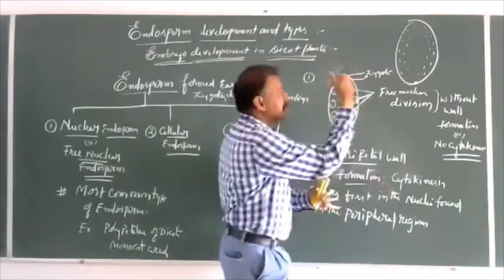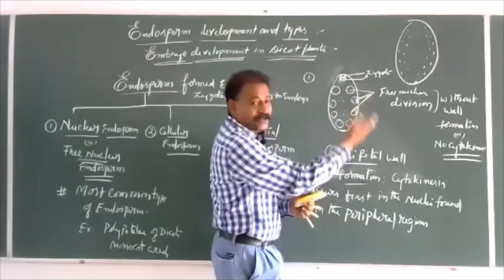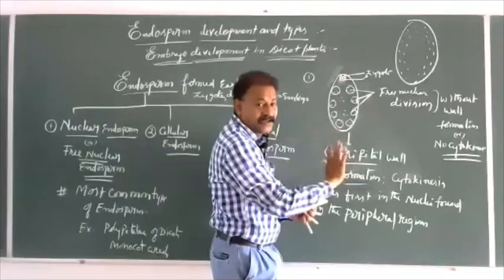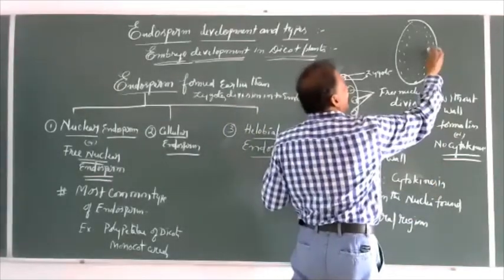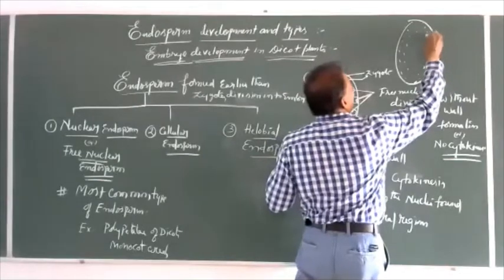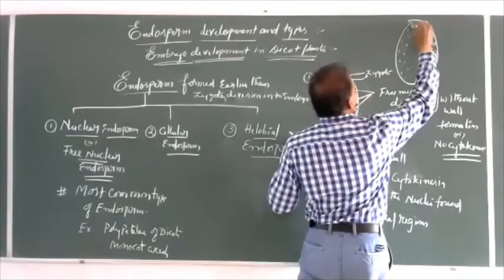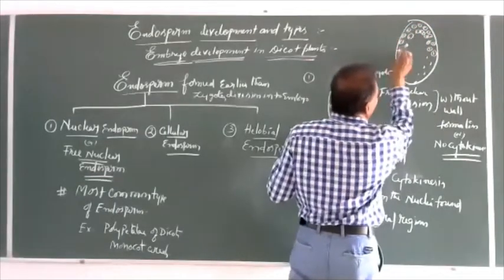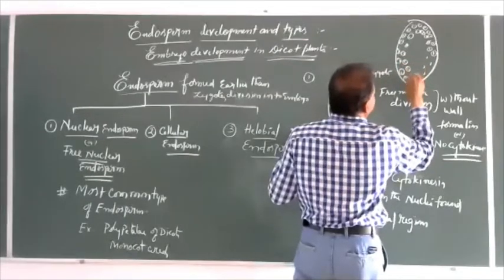Gradually, this nuclear division or karyokinesis results, after some time, not immediately, in formation of cell wall from here, from here, from here, like this, from periphery to the center.